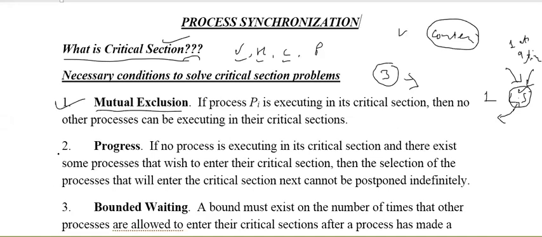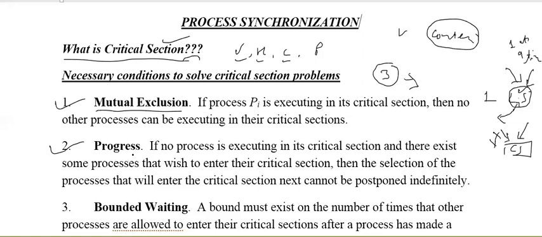Second property says that it should follow progress. Now what is progress? Progress says that suppose this is my critical section. If one process which does not want to enter into the critical section, it cannot hold any other process from entering into the critical section.